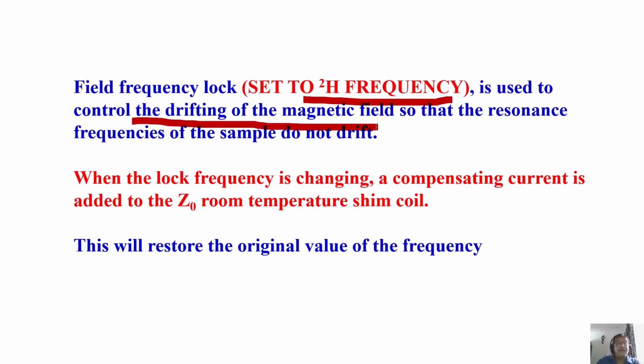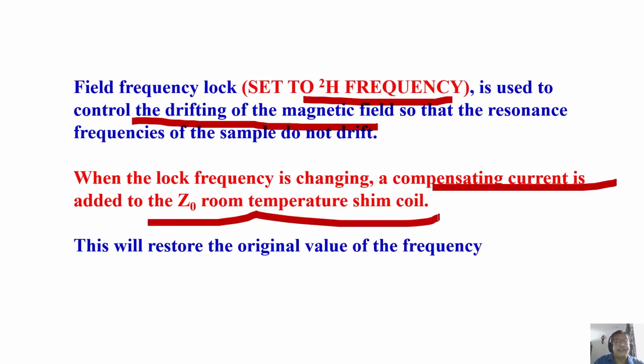Control the drift, because what happens when the lock frequency is changed for some reason, then a compensating current is added to the Z0 room temperature shim coil so that it will restore the frequency to the original value. Any field drift is compensated by the lock circuit so that the lock will maintain the frequency. That means it will maintain the field and prevent it from drifting.